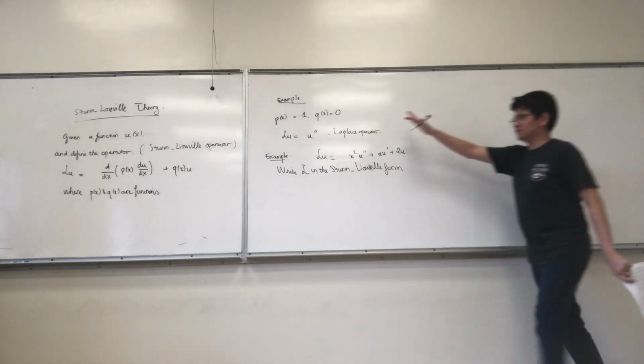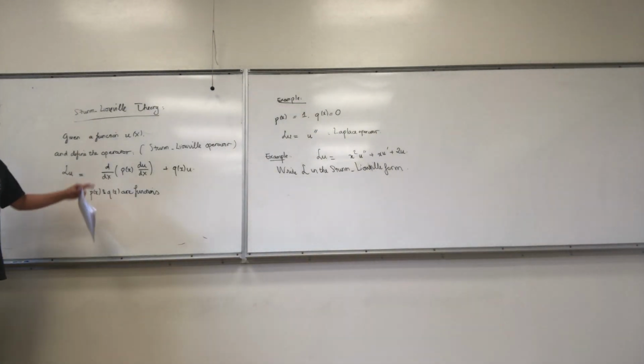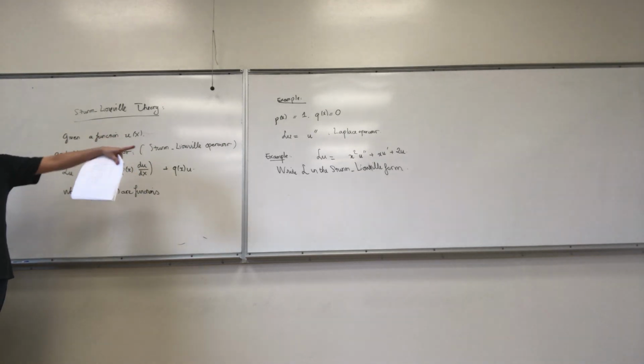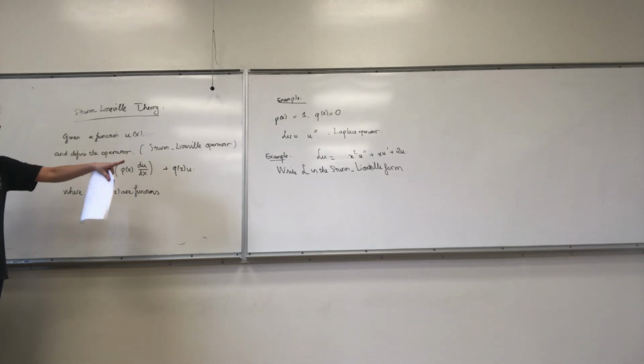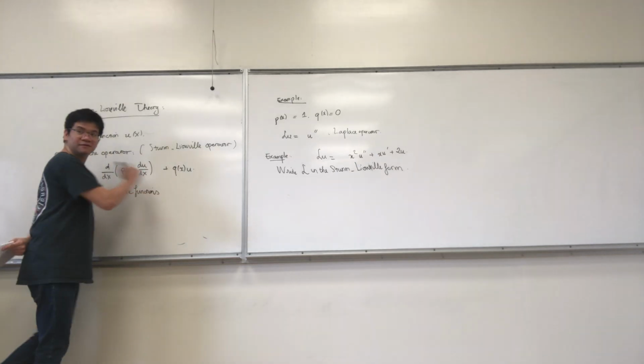Right, so this is straightforward, right? In the case that L of u is u second, p is 1 and q is 0. Now suppose that I have this complicated form, but I said that I can write this under this form. So how can I do it? I want to find p and q, right?